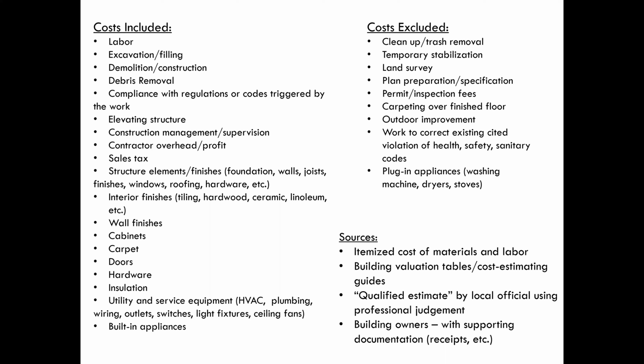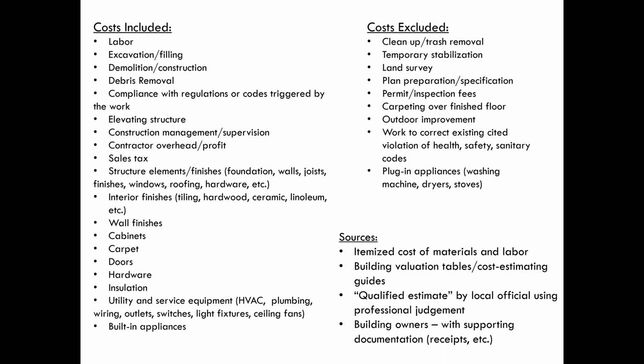Any cleanup, permitting costs, overhead or plan preparation, any outdoor improvement, anything to do with the surrounding property is not included. Also excluded is any violation previously cited by a community official of any of those other codes, and plug-in appliances that are not attached to the structure. Those don't count.